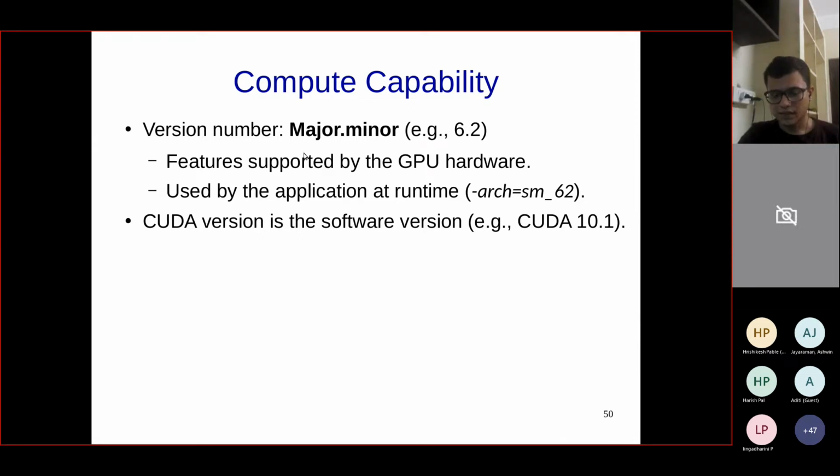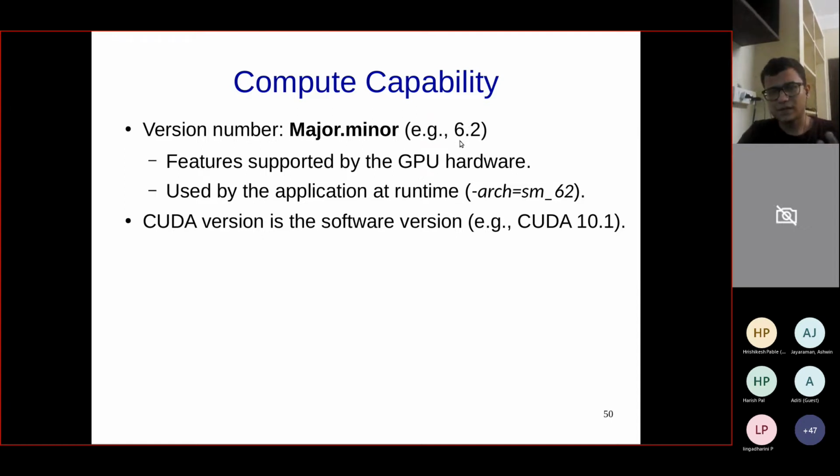So what is this 8.6? This is divided into two parts: the major number and the minor number. Out of that 8.6, 8 is the major number and 6 is the minor number. Let us say that if the version of your GPU is 6.2, then 6 is the major number and 2 is the minor number.